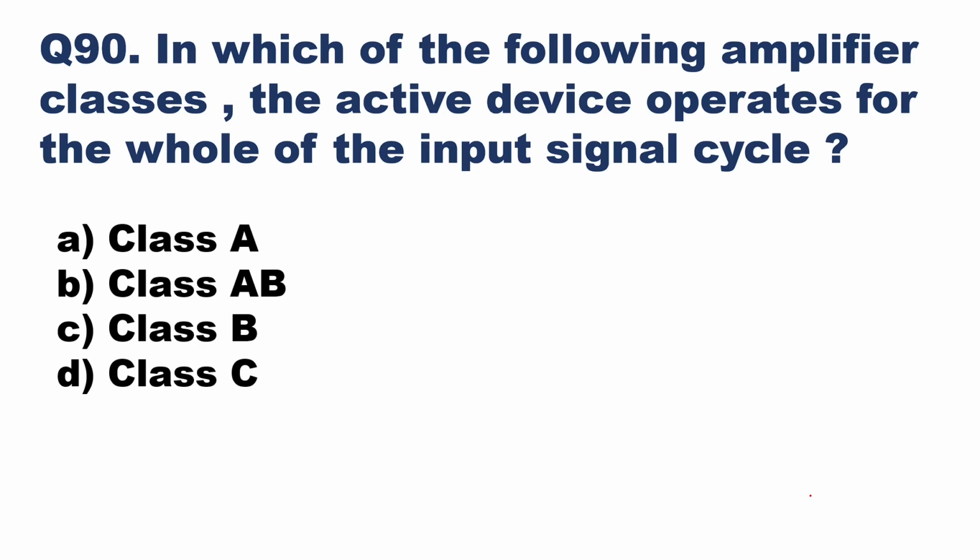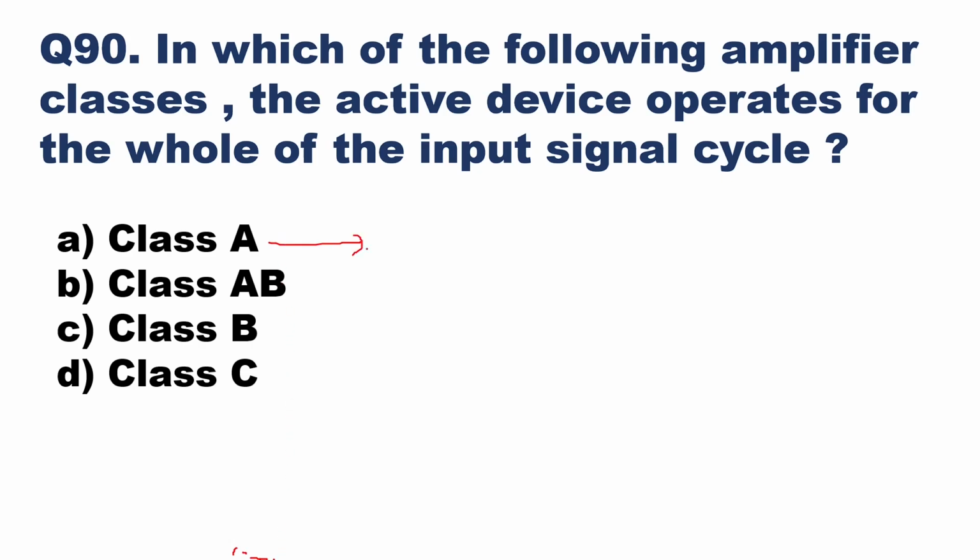When we studied power amplifiers, we studied these classifications. In Class A, the active device operates for the whole of the input cycle. If the active device operates for the whole of the input cycle, then it is called Class A operation.